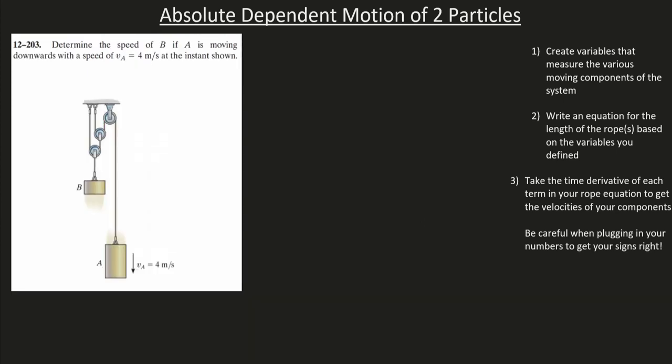Alright, so a more complicated looking one here. We're told that our block A here is moving downwards with a speed of 4, and we want to know, as a result of this, how quickly is our block B going to be moving up.